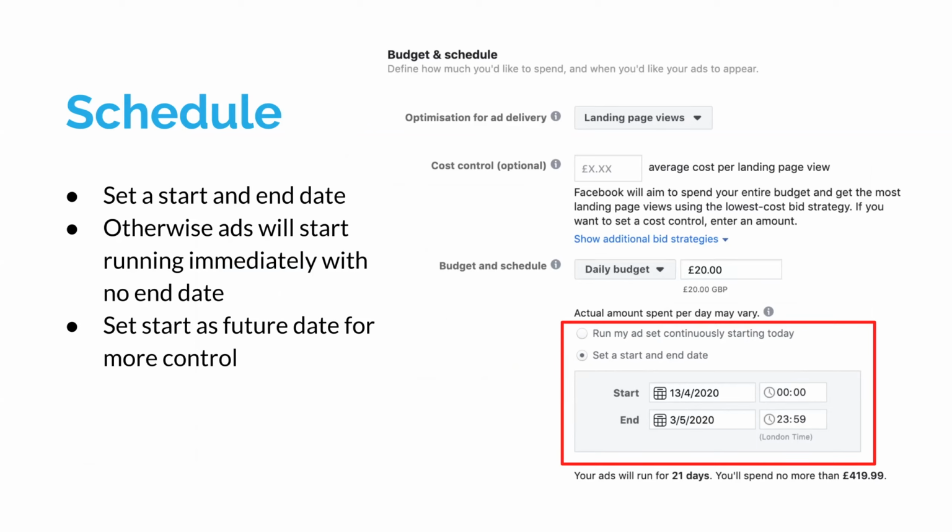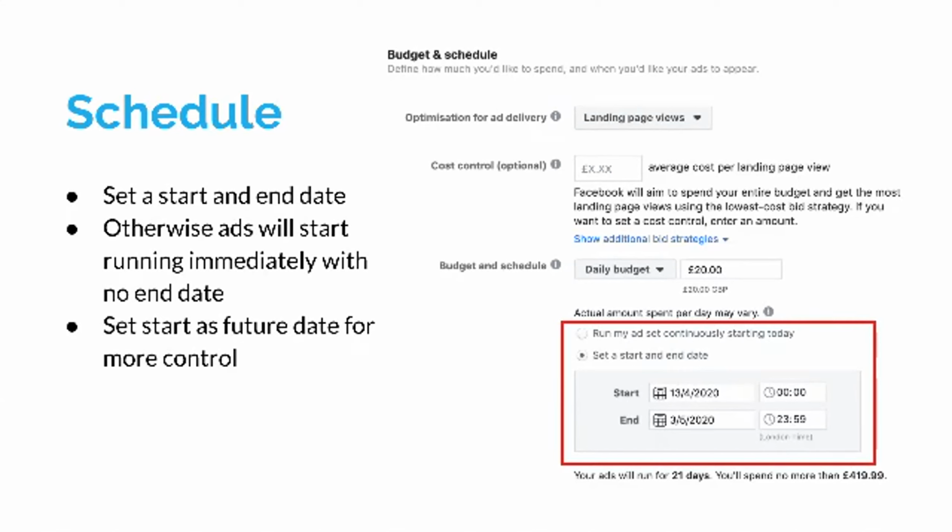I would generally set them to start, even if I wanted them to run immediately, I'd put them to midnight for the following day, because to get complete days, it's better for analytics to be able to look at whole days. And I've also been told from other people that it's good to set them at midnight in your own time zone, because there's a few hours for Facebook to work out audiences and that kind of thing before the start of the day for most people.